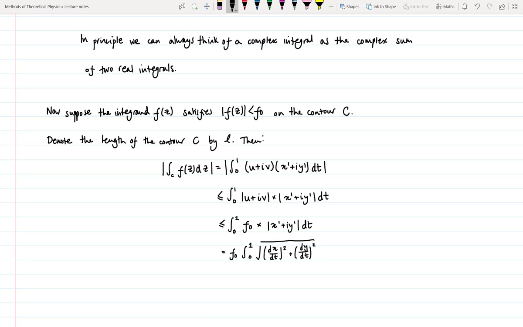So that's the magnitude of a complex number, dt. We recognise this expression inside the integral as our line element from earlier. And we're left with f0 times the integral along the contour of the line element. And that returns f0 times the length of the contour, L. This is along the path C.